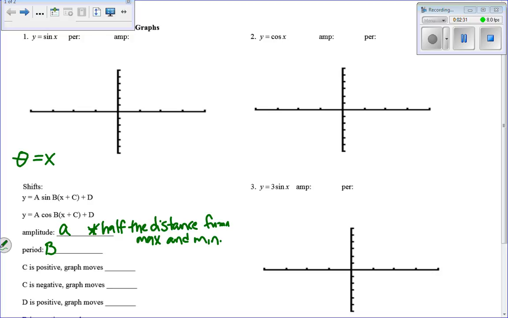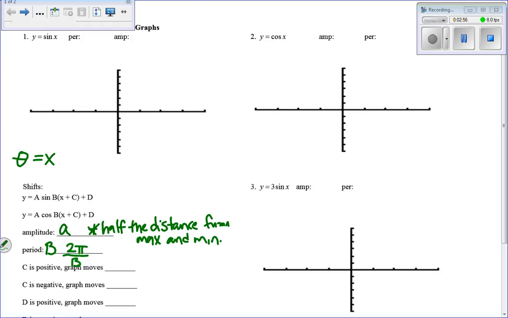So your period is always in terms of 2 pi. Sine and cosine graphs are always 2 pi, so it takes from 0 all the way around 2 pi, our unit circle. And sometimes your period can change by dividing it by the b value. So if you have a b value, you're going to take 2 pi divided by b.